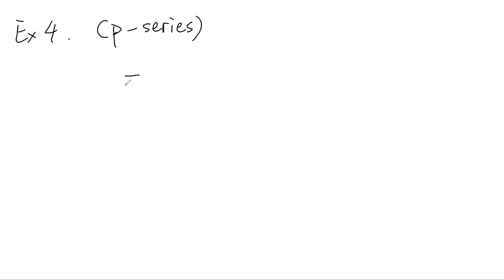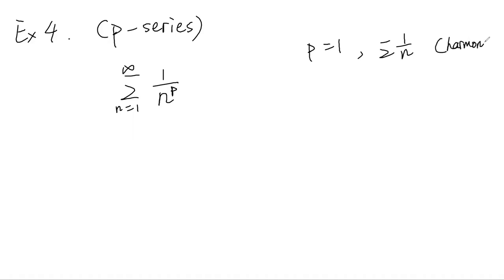P-series refers to the series in this form, 1 over n to the p, where n is from 1 to infinity. When p is equal to 1, it's the harmonic series. And when p is equal to 2, it's the series we did at the beginning of the class.